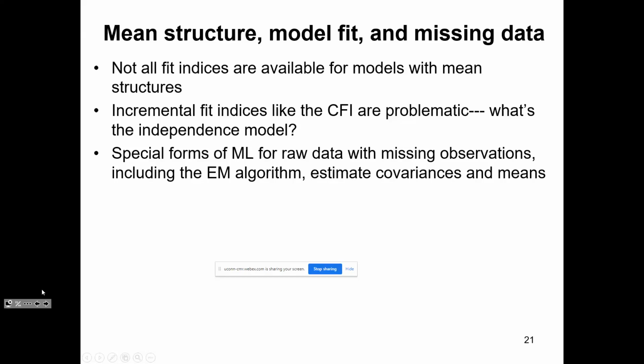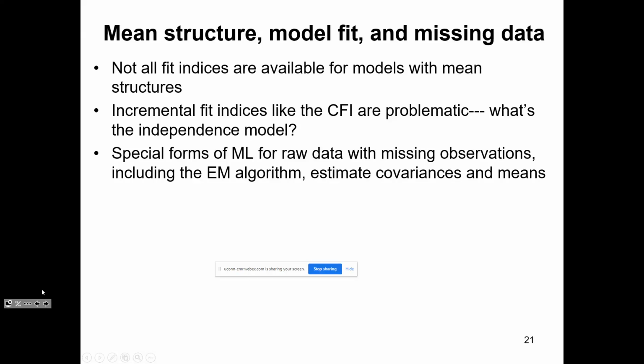This is dating me, but when Amos, about 20 years ago now, first came out with mean structure stuff, the CFI and the TLI were super problematic because the baseline models were computed assuming that all of the means were 0, which probably doesn't make sense.